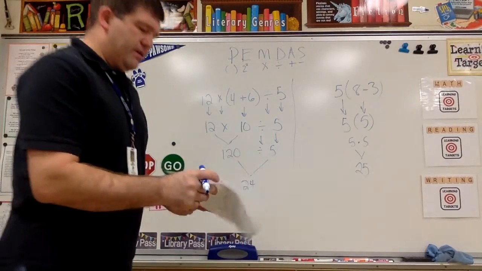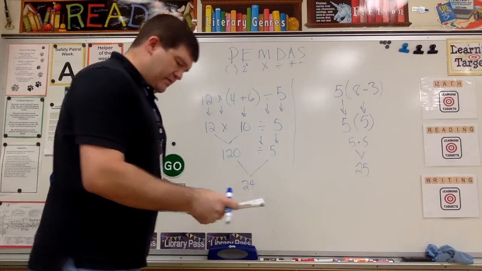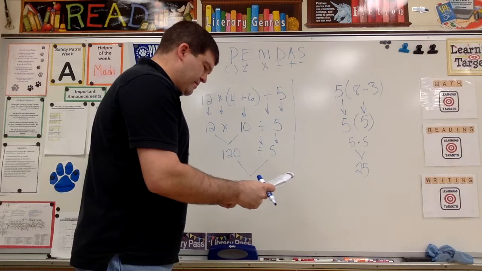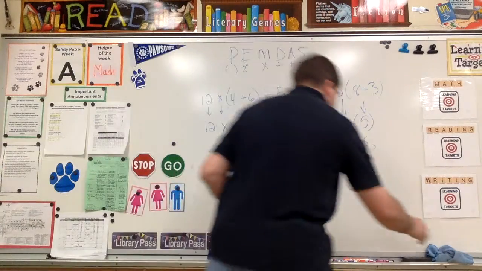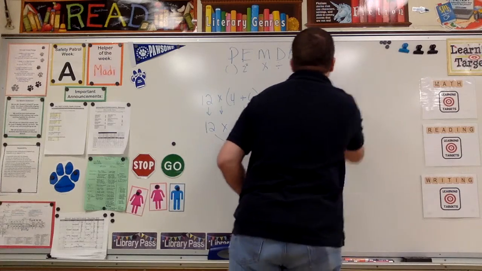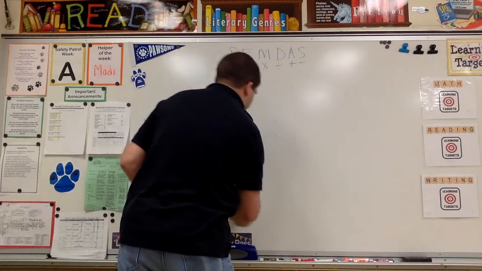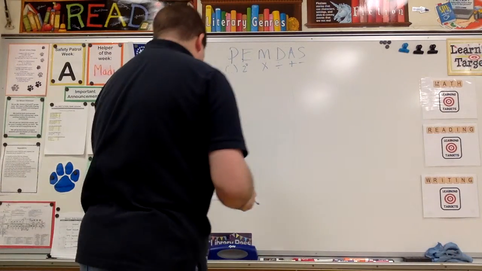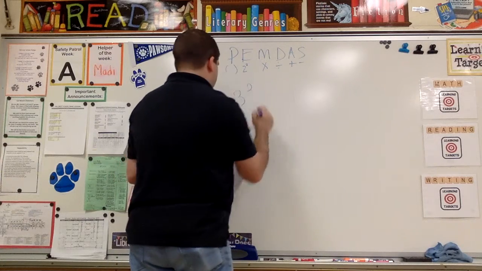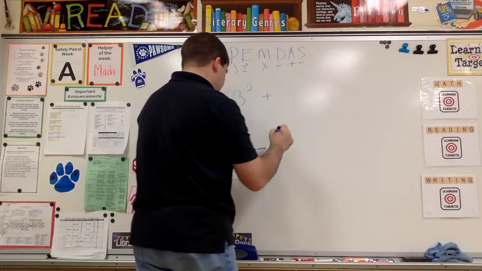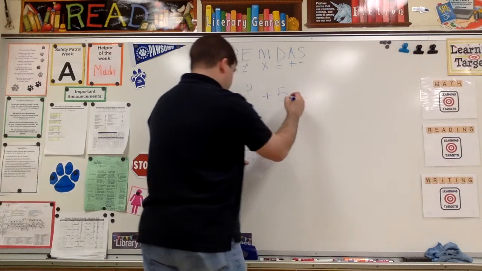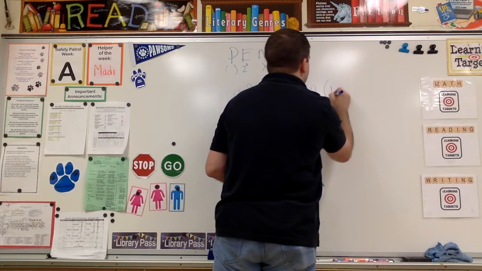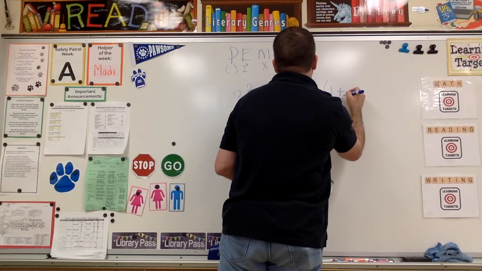Let's do one more here. How about we do three to the second power plus 5 times 4 parentheses 1 plus 1.